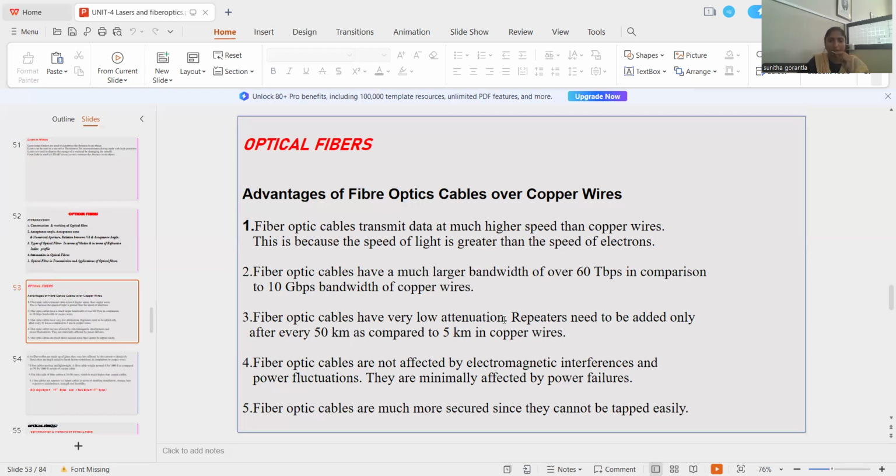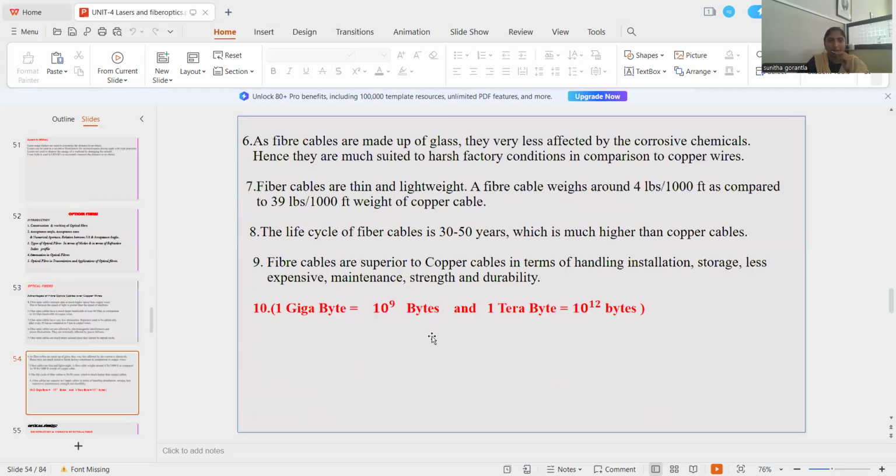In copper wires, repeaters are used after every 5 kilometers. That's why in copper wires the attenuation is very high, and in optical fibers the attenuation is very less.